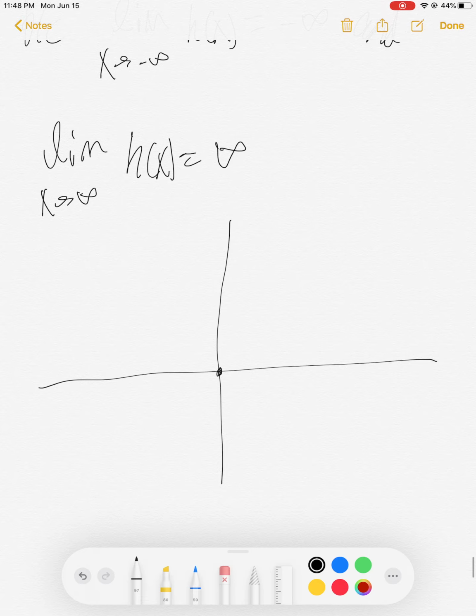So no absolute max or min because the limit as x approaches negative infinity of h of x equals negative infinity, and as we approach positive infinity, we approach positive infinity.